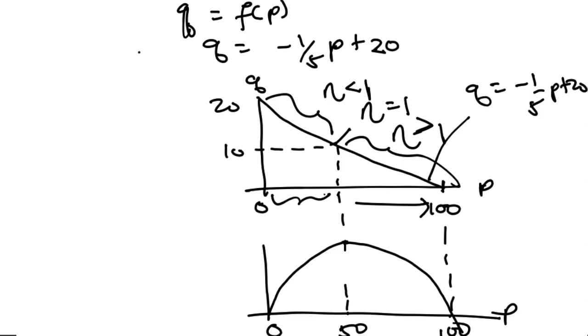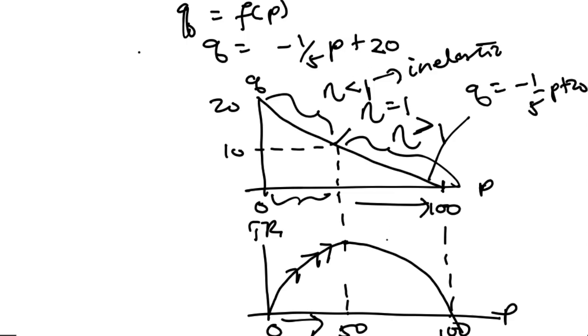So you can see here, when the elasticity in the first segment is less than 1, when you increase the price, total revenue increases. Because in this region, it is inelastic, less responsive. So when people are less responsive, they still buy the quantity. The change in quantity demanded is very little because they're less responsive towards the change in price.